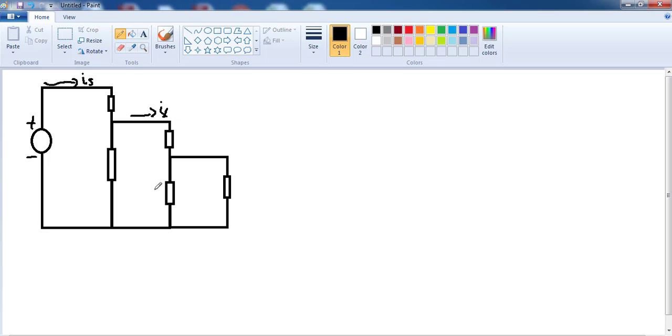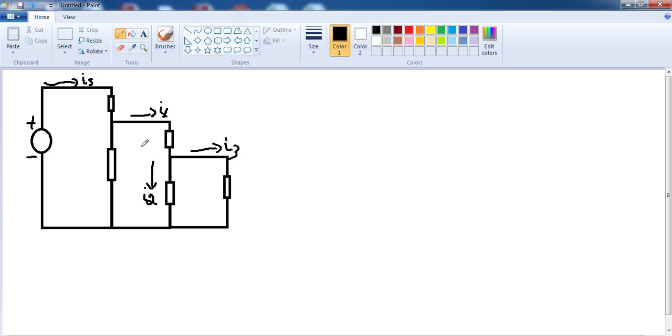Let's say this current is going down here, so let's say this one I2, and we have one more current here, I3.